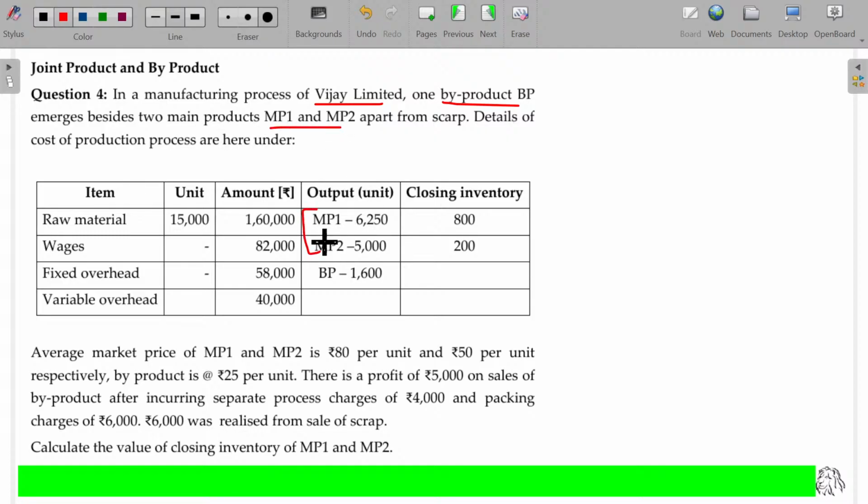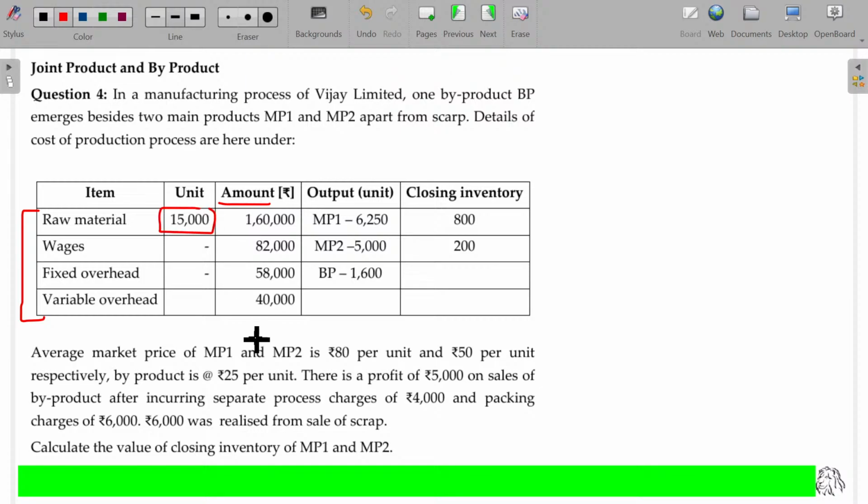So these are the main products. Clear? Now, raw material, wages, fixed overhead, and variable overhead. This is the total amount we spend.